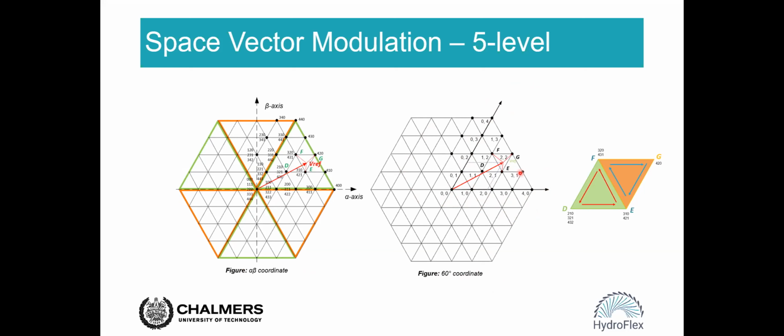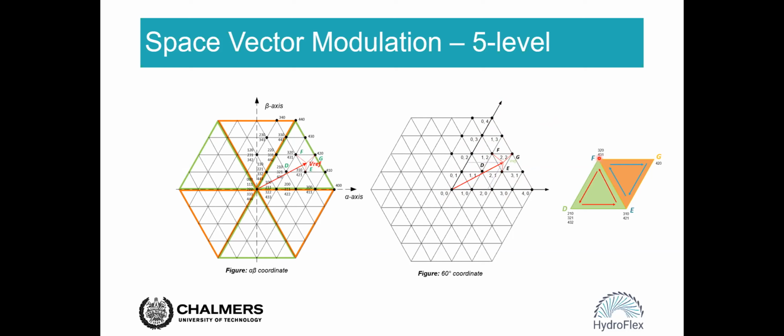The next step is we need to determine where the reference voltage is located. For example, in this case, the reference voltage is located inside this small triangle. So we can use the voltages VE, VG, and VF to synthesize this reference voltage. Also, if we look at this big triangle, or sector 1 here, we can find there are two kinds of triangle sequence.